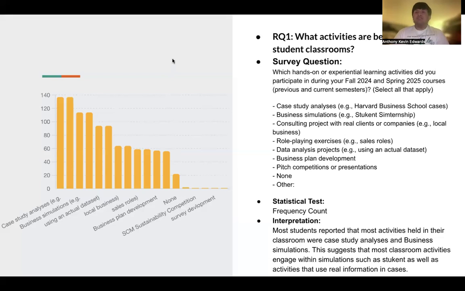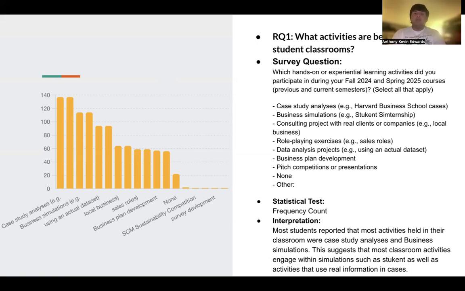For our first research question, we have: what activities are being held in student classrooms? For this question, we tried to determine what activities students took within the fall 2024 to spring 2025 school year. Some activities we have listed are case study analysis, business simulations, role-playing exercises, data analysis projects, business plan development, pitch competitions or presentations, and here we have our statistical test, which is a frequency count.